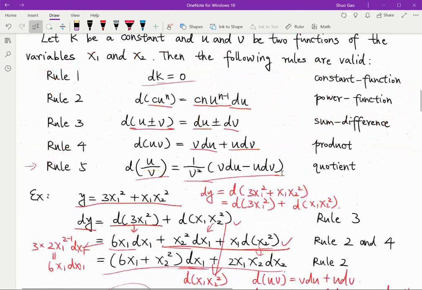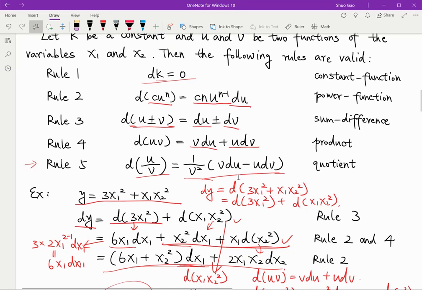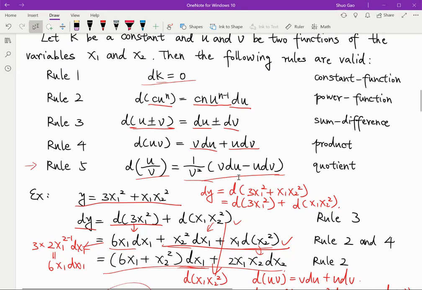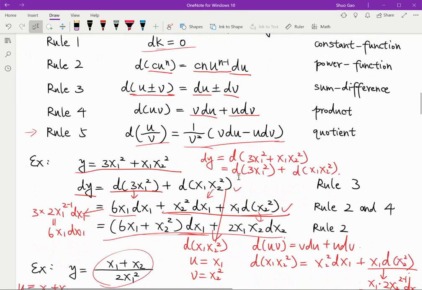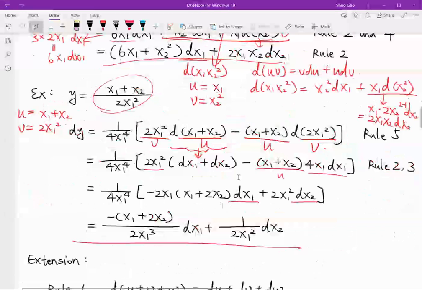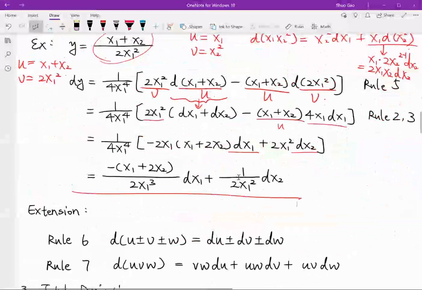So for the examples and the rules here, we only considered two functions, u and v, and both of them are functions of the two variables, x1 and x2. But we can also have an extension, like here. We have another two rules. First, we have three functions, and each of them is a function of x1, x2, or other variables.